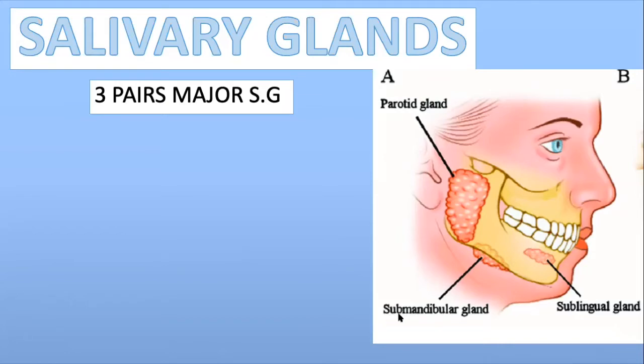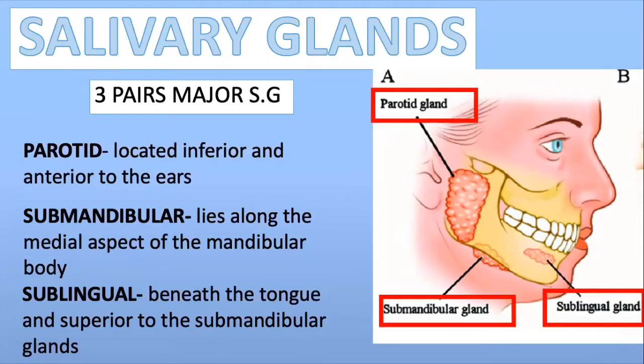Submandibular, sub meaning beneath the mandible, that's submandibular gland. You have sublingual. Lingual is what you call your tongue, that's beneath the tongue, and then the parotid here is the posterior portion of the mouth. Okay? These three pairs of major salivary glands release secretions called the saliva.